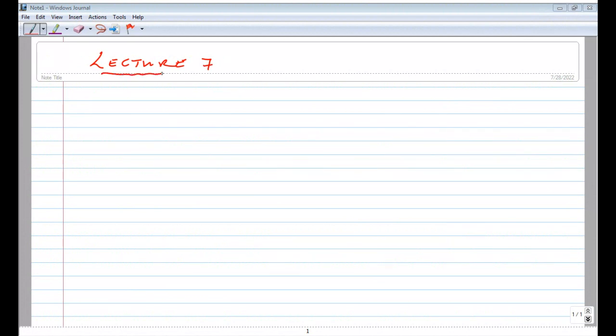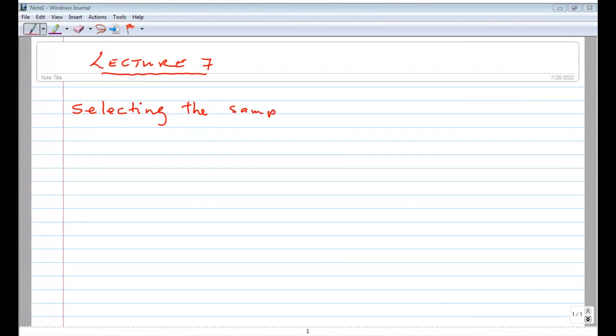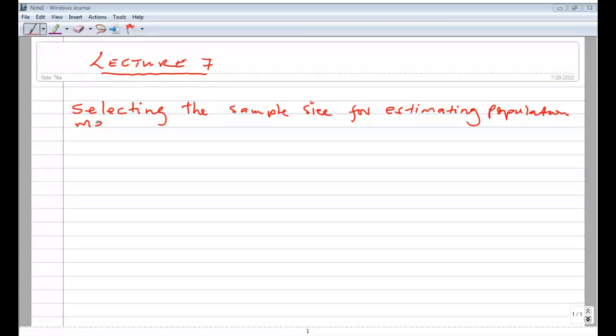So it's about selecting the sample size for estimating population means and totals.